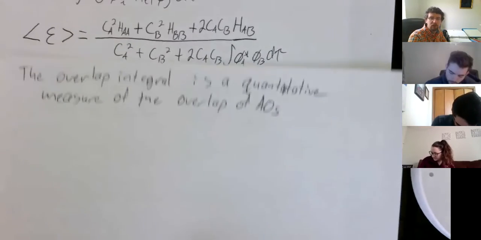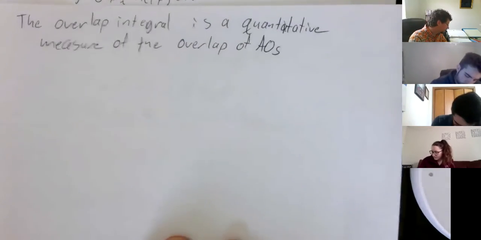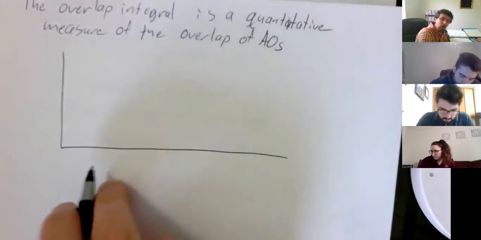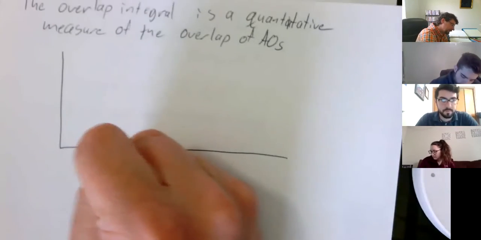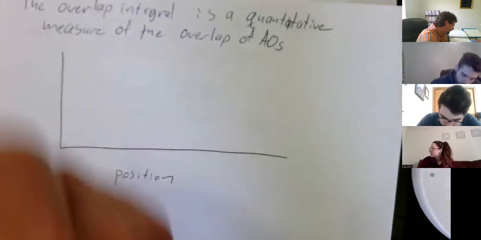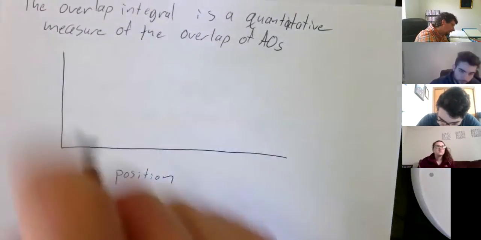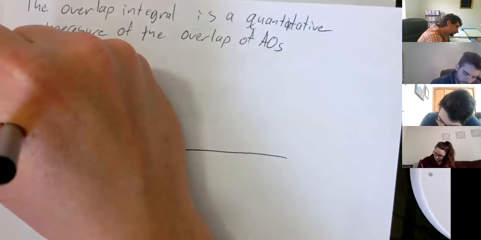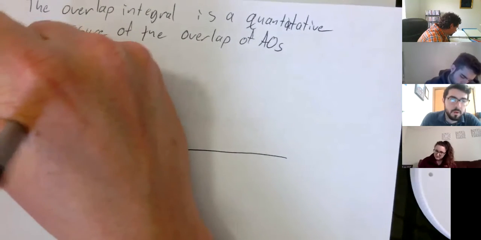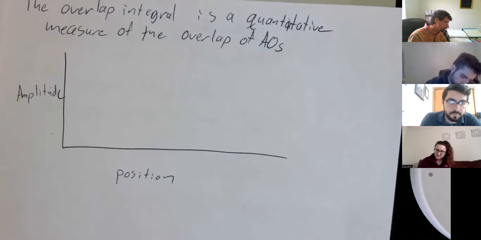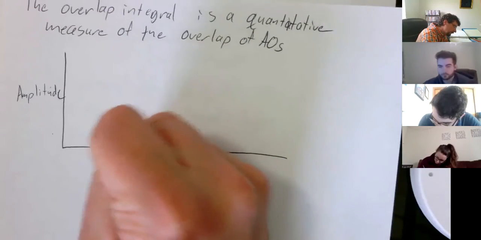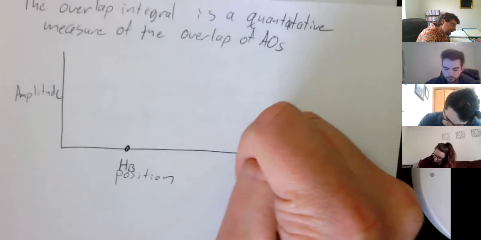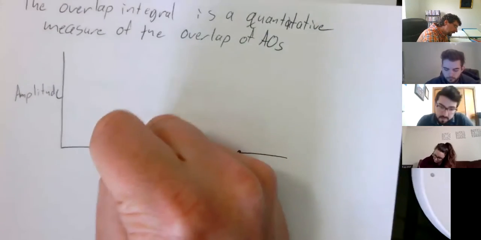So what we're going to do is draw kind of a plot. We're going to have position along here, and on the y-axis we're going to have amplitude. Let's say we're looking at a hydrogen molecule.